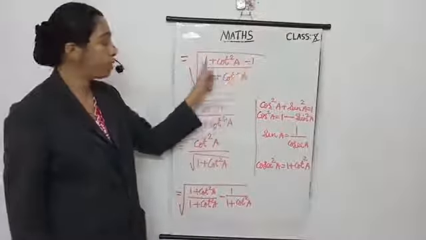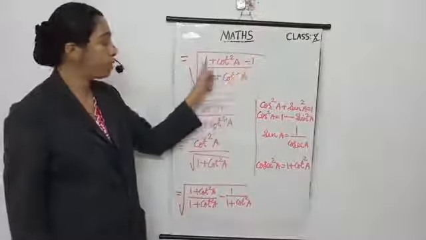So this is root of cot square A by 1 plus cot square A. Now take root of cot square A, that is cot A. Root of cot square A is cot A by root of 1 plus cot square A. So this is the final answer. So we can write cos A equal to cot A by root of 1 plus cot square A.